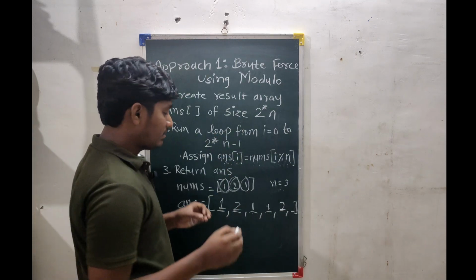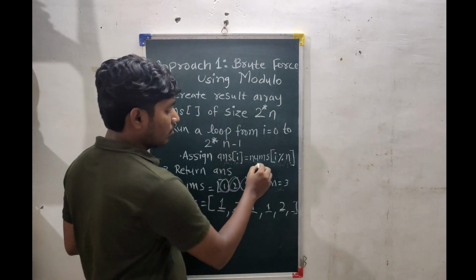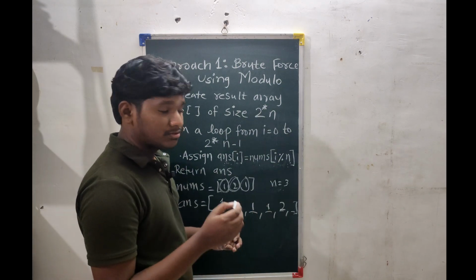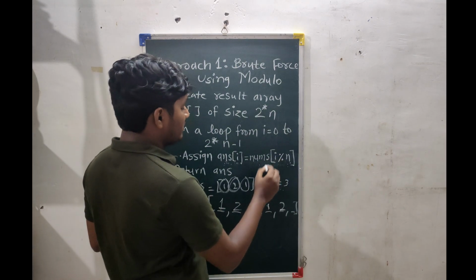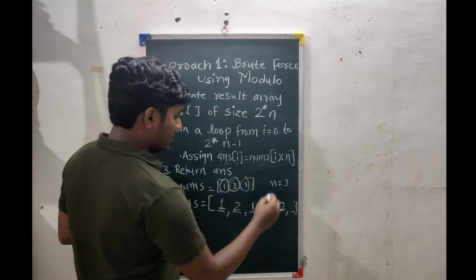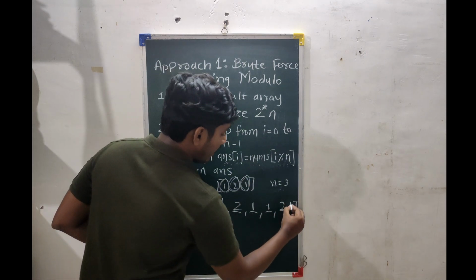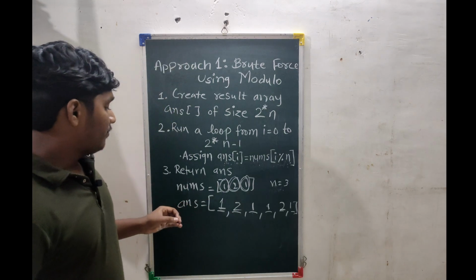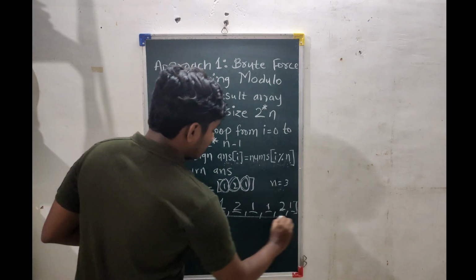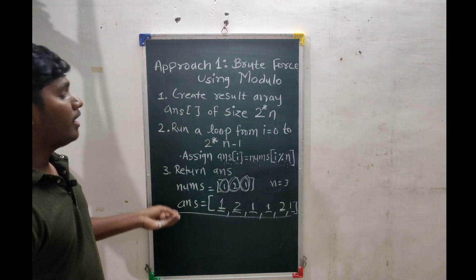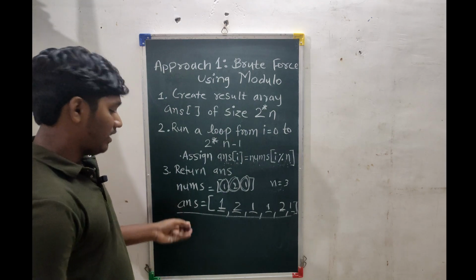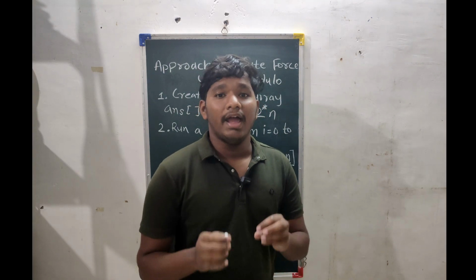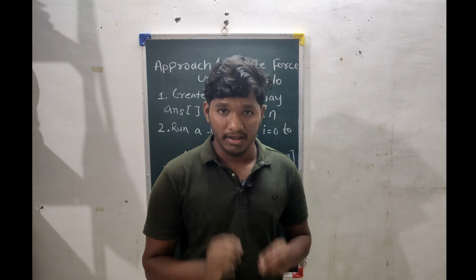And in the last iteration, answer of 5 is equal to nums of 5 modulo 3, and 5 modulo 3 is 2, that means nums of 2 is assigned to answer of 5, and nums of 2 is 1. Hence we have successfully concatenated our array, and in the last step we return this answer array. So this approach has time complexity of order n and space complexity of order n.